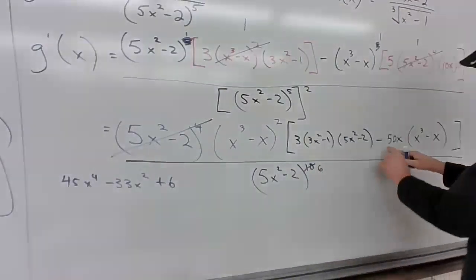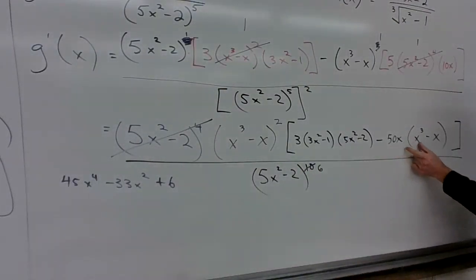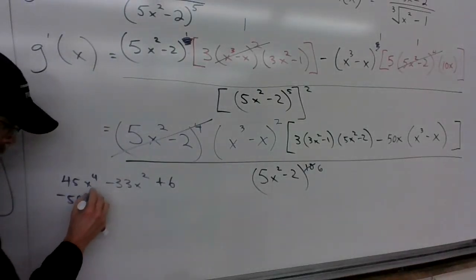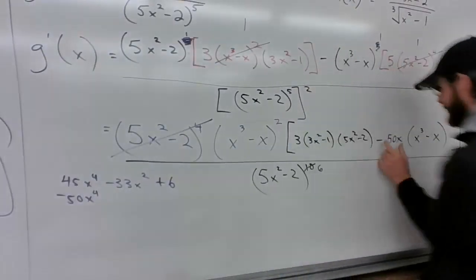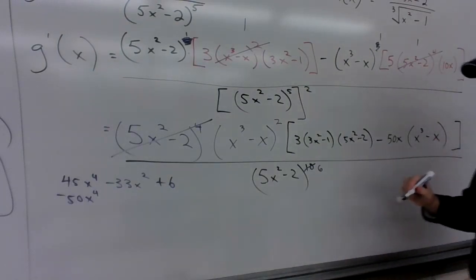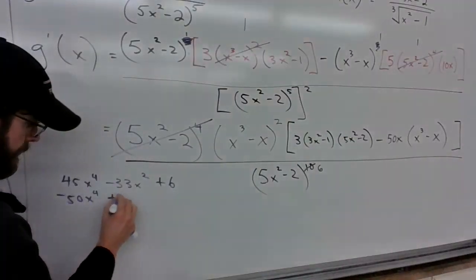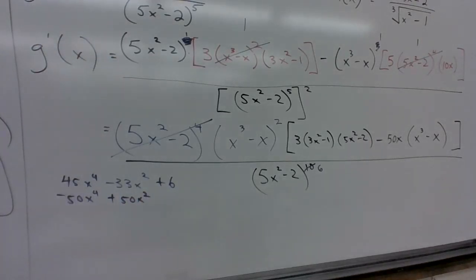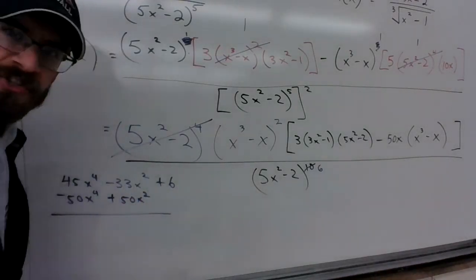Over here, I've got negative 50x to the 4th power now. And then I've got positive 50x squared. So that wasn't so bad.